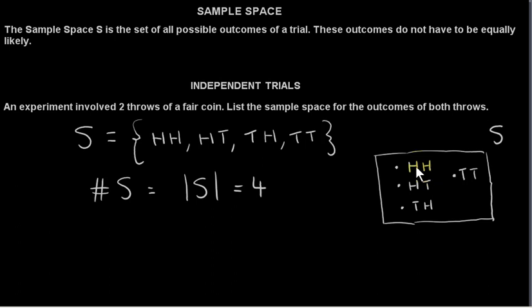If these events are truly independent, then the probability of getting heads in the second throw should be a half. But let's suppose that the probability is more than a half if we've thrown heads on the first throw. So we're dealing with dependent events here. Well, if that was the case, then this outcome would be more likely than this outcome down here, because here, the first throw gives tails.